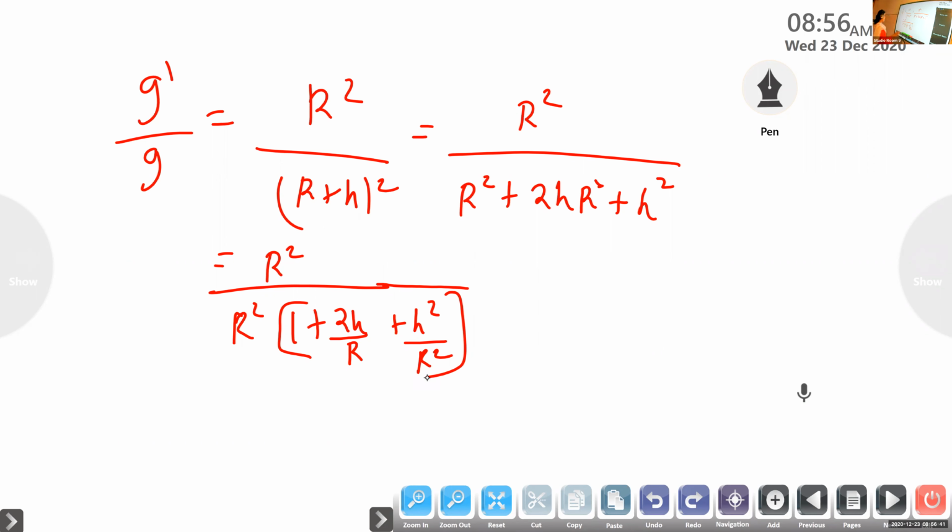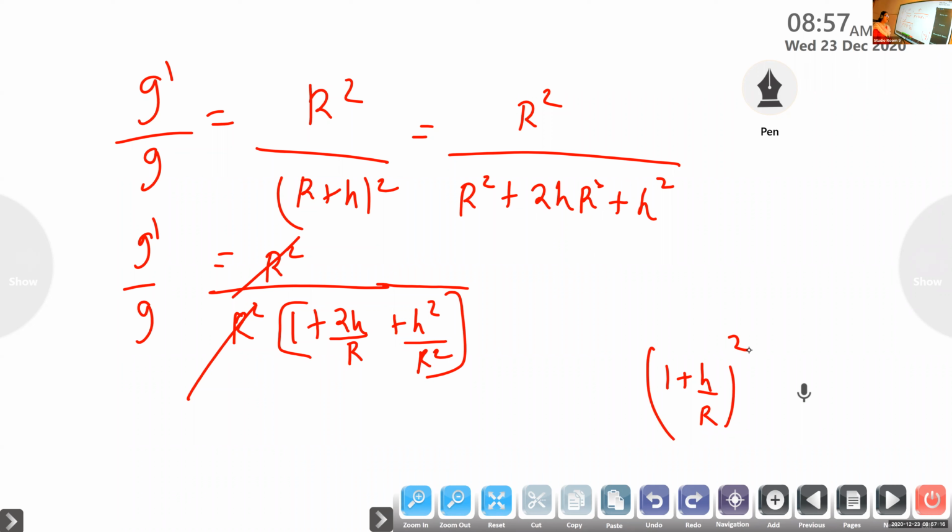Now what is remaining here? So this is g dash by g. The R square in the denominator and the numerator R squared get cancelled. Now look at the denominator. It is another (a plus b) square format. Finally you are getting 1 plus 2h by R plus h squared by R square.